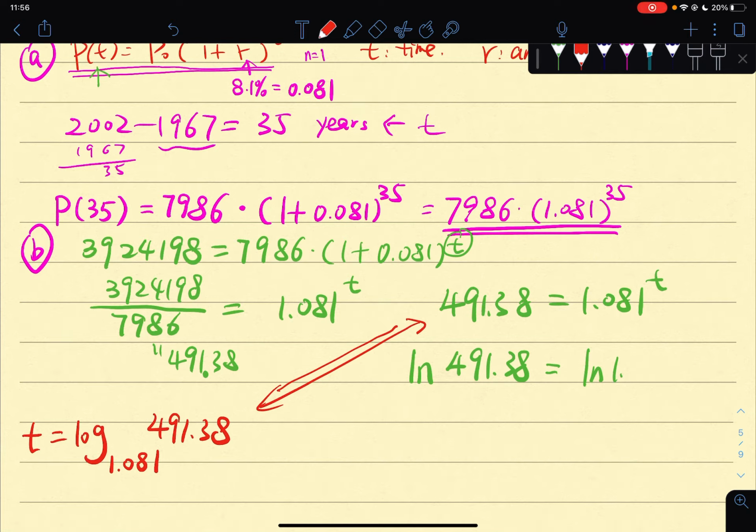I don't like that. So what I did is I take natural log on both sides, and once I take natural log, the exponent t can be thrown to the front. So it's t times the natural log of 1.081. You have one number equals t times another number.